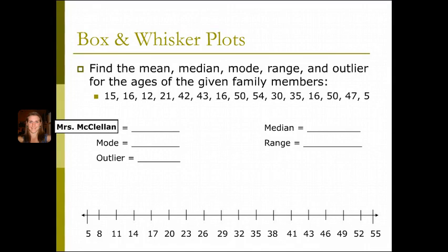In our third example, we've been given the ages for family members in our data set. So first thing we need to do is organize these from least to greatest.